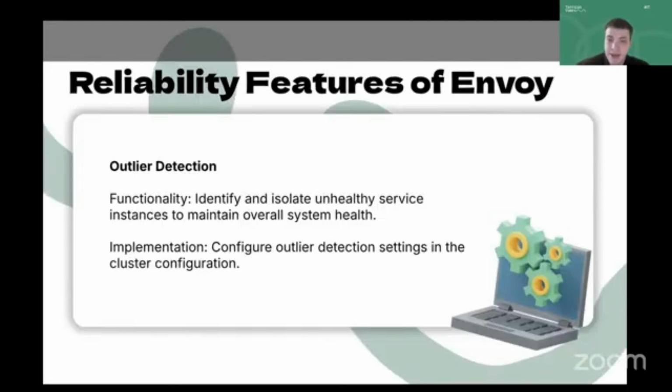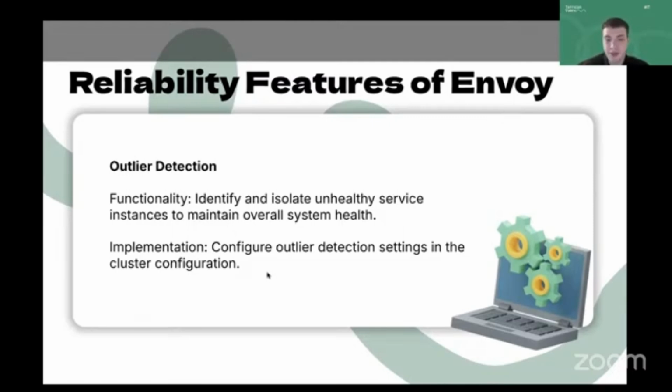The next thing that can make our system more stable is outlier detection. As in previous example, let's say that we have 3 nodes and one of them for some reason fails to process the request, and Envoy can detect such hosts in cluster and temporarily disable them and remove them from rotation.